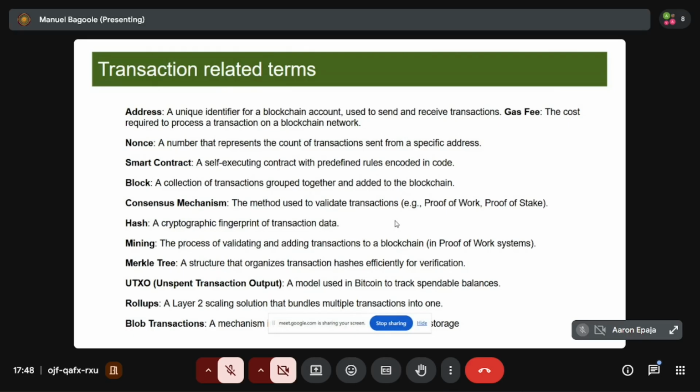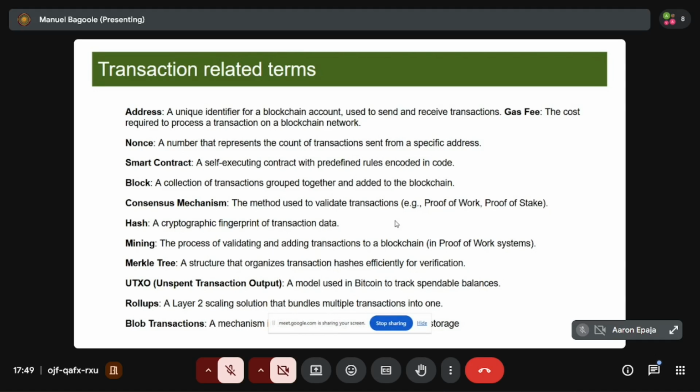Then the consensus mechanism is the method through which all the nodes, all the participants in that blockchain, come to agreement about what transactions to accept, what blocks to accept, based on the rules that have already been predefined.